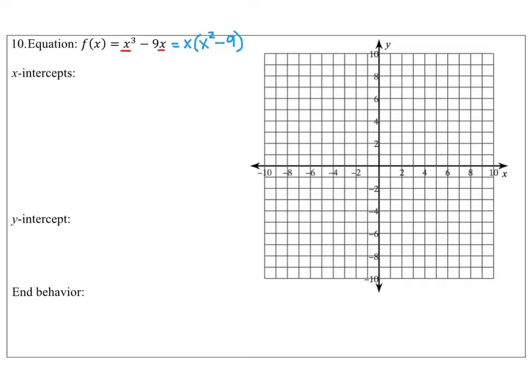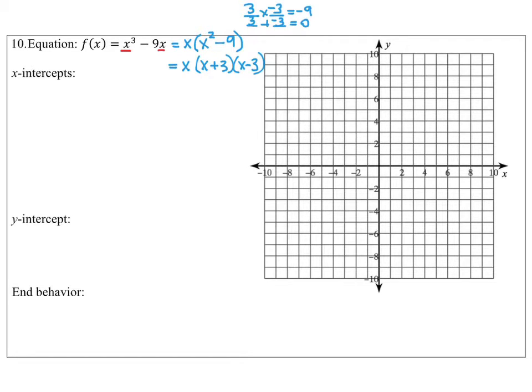To factor x squared minus 9, I'm going to see what multiplies to give me -9. Because I don't have that x term, I'm wanting to add it to a 0. The only numbers that work are 3 and -3. So I can factor this as x plus 3 times x minus 3.